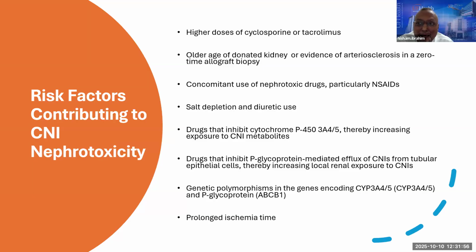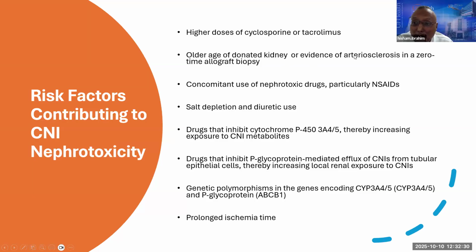If the kidney itself has donor disease to begin with, that kidney is more at risk for CNI nephrotoxicity. Whenever the kidney is not a healthy kidney, it is already at risk. So an older kidney, or a kidney that has been injured by prolonged ischemia times, either warm or cold ischemia before the surgery, has already been injured in the process of the transplant.